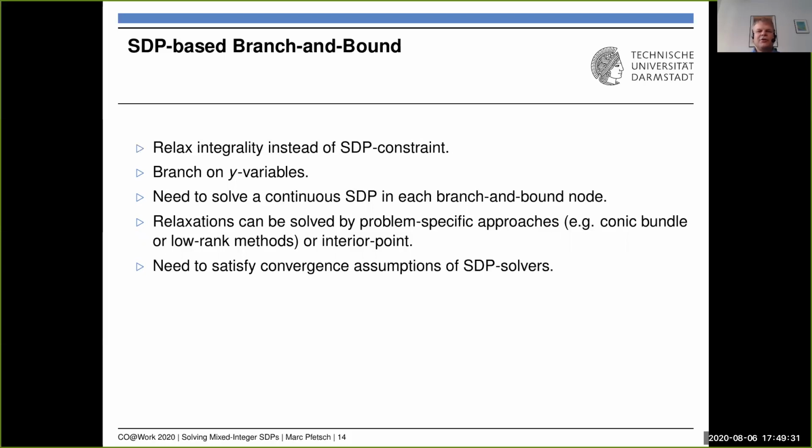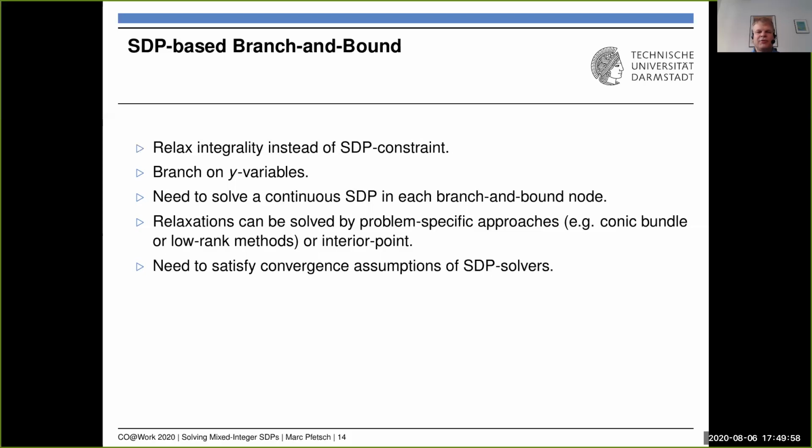The tree is created by branching on the integer y variables. We are solving an SDP in each node, and the relaxations in each node can, for instance, be solved by interior point methods or by other methods if you can exploit particular structure.